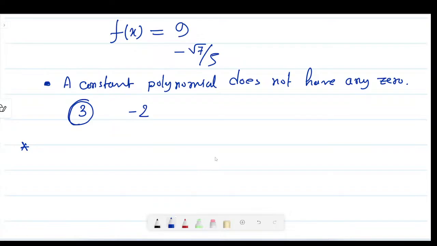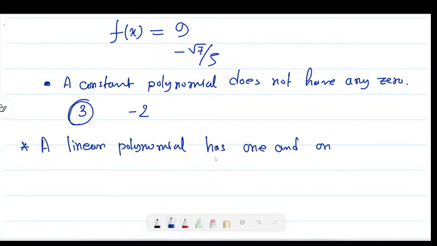Next point is, a linear polynomial has one and only one 0. That means a polynomial of degree 1 must have only one 0.